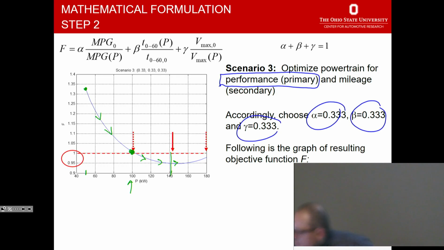So it turns out actually that your minimum is going to fall, give or take, around 140 kilowatts, because what happens now, if you keep increasing the engine power, you will lose more and more on fuel economy to the point now that it's going to offset the benefits that you have. Okay. So in this case, your minimum numerically would end up to be something around 140 kilowatts. So if you want a vehicle that has pretty solid performance and does okay in fuel economy, there you have it. That's a good choice of engine.